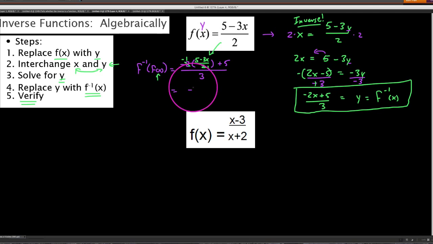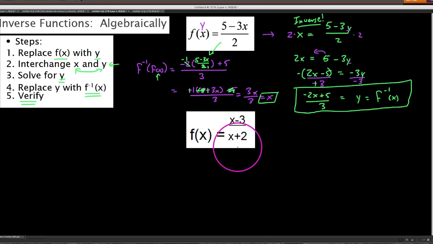So now I'm left with negative 1 times 5 minus 3x, plus 5, all over 3. Distributing this negative, this becomes a negative and this a positive. I notice that my 5's cancel out. Now I'm left with just 3x over 3, which gives us just x. So the fact that we ended up with just x means that these must be inverses of one another, okay?